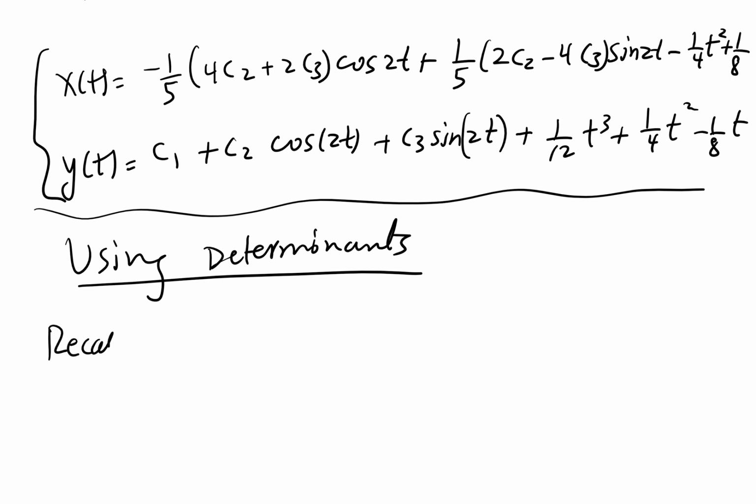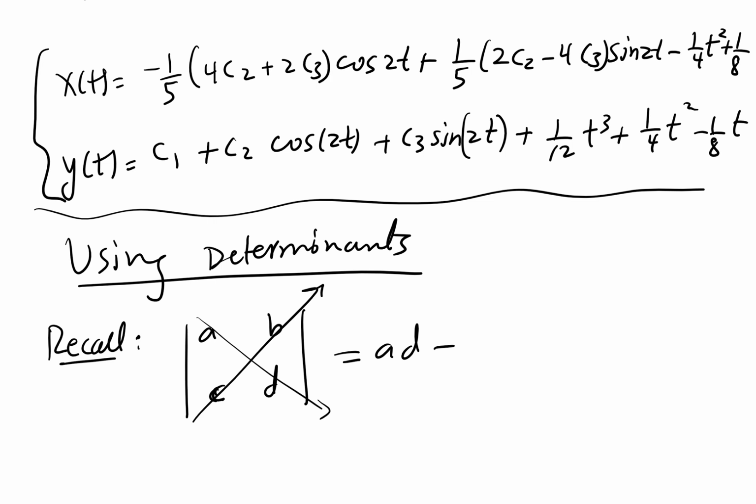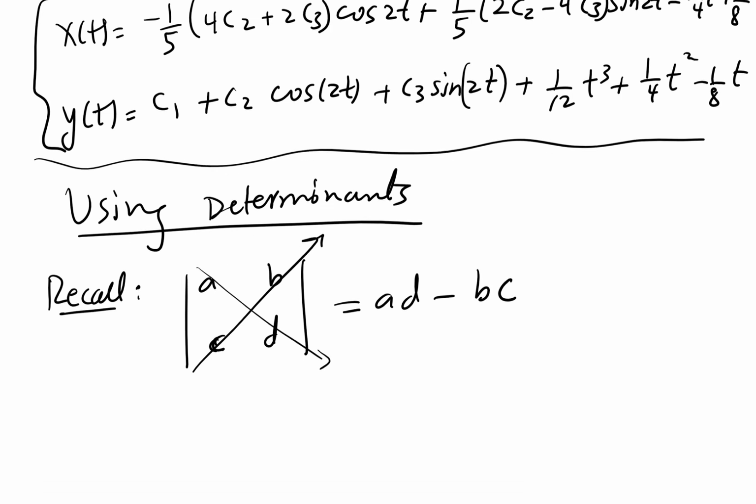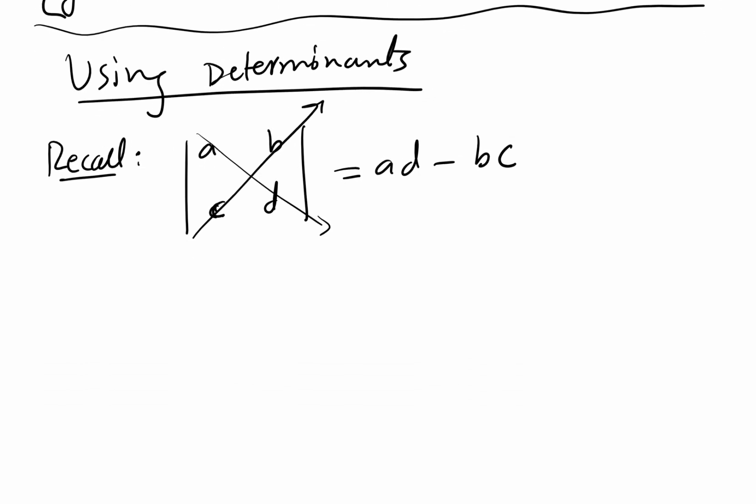Recall several things. If you want to find the determinant of a, b, c, d, the vertical bars mean determinant. We multiply a times d minus b times c. That's the determinant of a 2 by 2 matrix, if you remember matrices. That's one thing good to know.